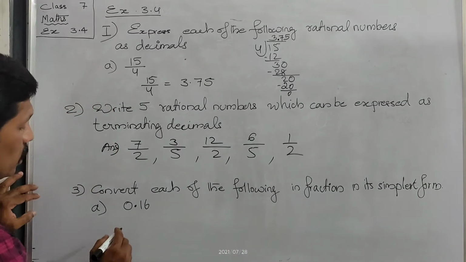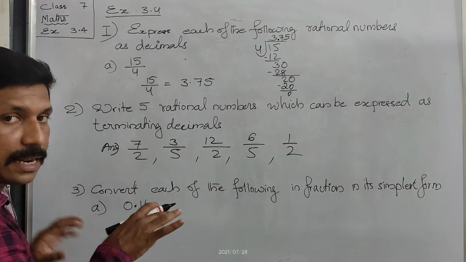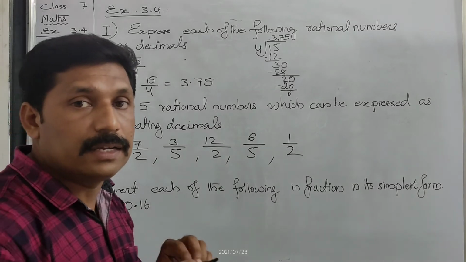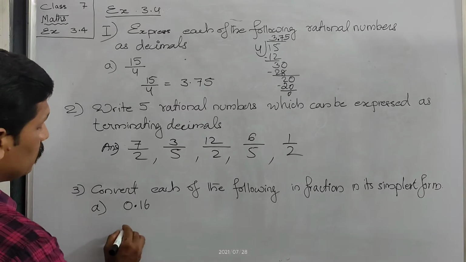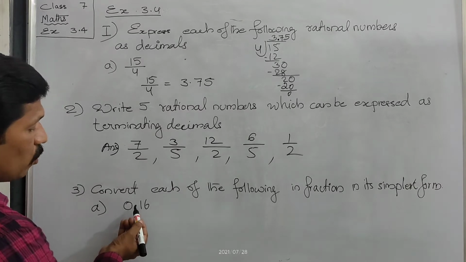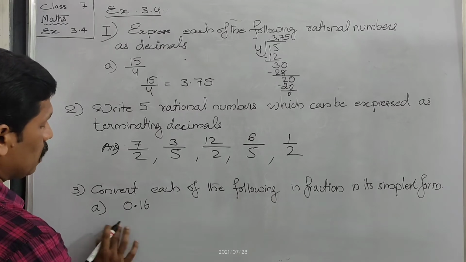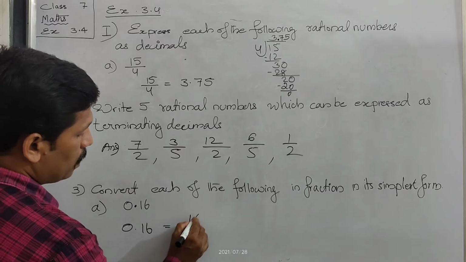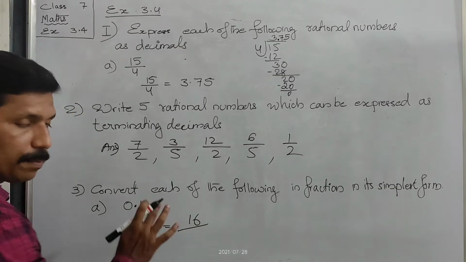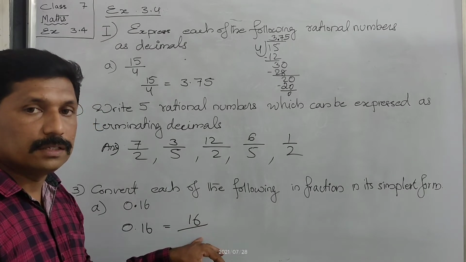So here, students, you can see 0.16. In a fraction, you know that there are a numerator and denominator. So here, what will be the numerator? Very simple. We ignore the decimal point and write the full number as numerator.